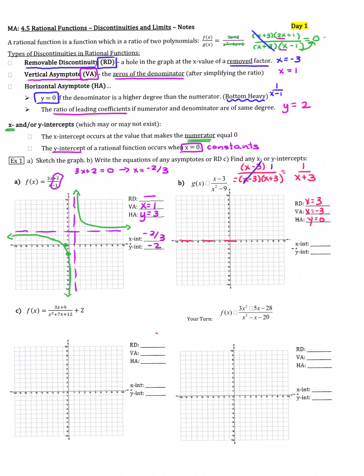Whenever the x-axis becomes your asymptote, you're not going to have an x-intercept, so you don't have to worry about that. The y-intercept, though, I can get from my original: -3 over 9. That simplifies to 1/3. So I'm going to put that point on the graph.